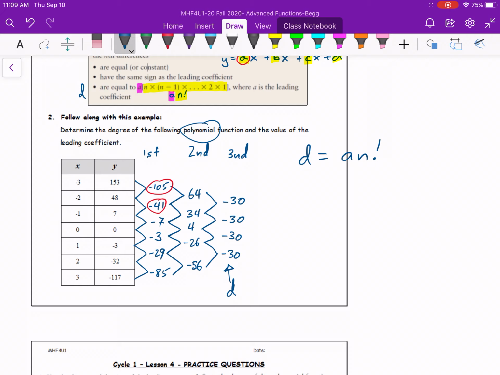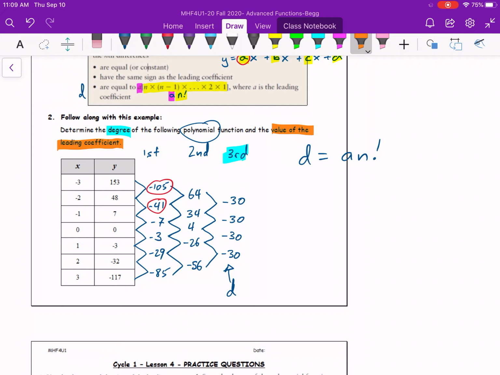Because this question is asking us to find two things. It's asking us to find the degree of the polynomial. And so we've just found the degree. The degree is third degree. Okay? And it also asks us to find the value of the leading coefficient.